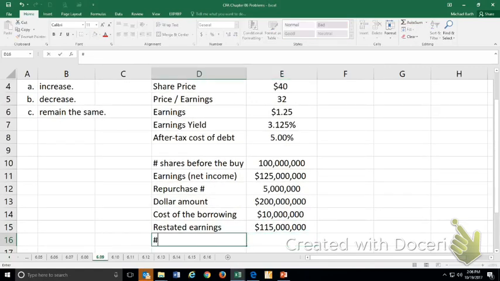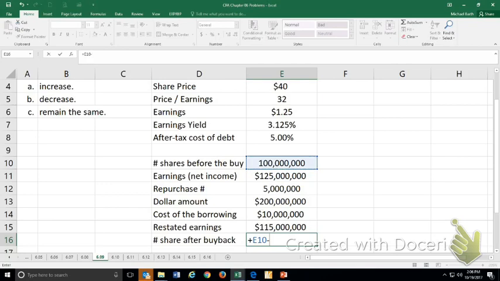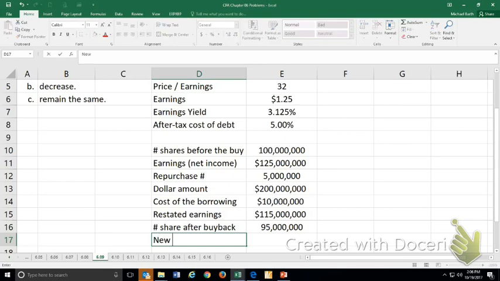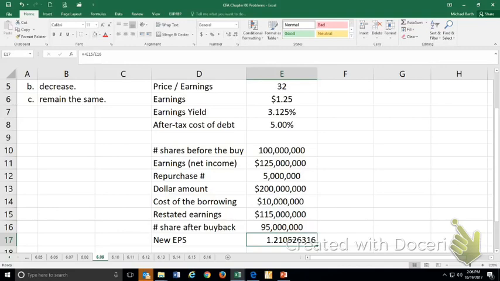And now the number of shares after the buyback, so we bought back 5 million of them. Now there's only 95 million shares out there. The new earnings per share would have been the 115 million, which is the original earnings before the buyback minus the $10 million a year after the buyback, divided by the number of shares that are out there now.